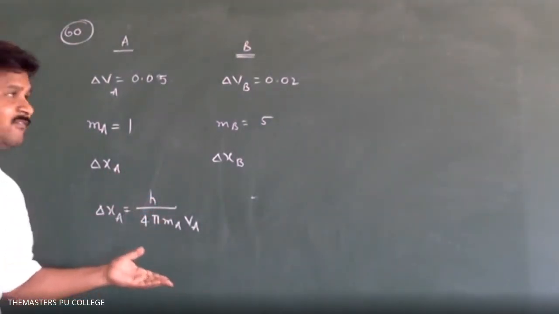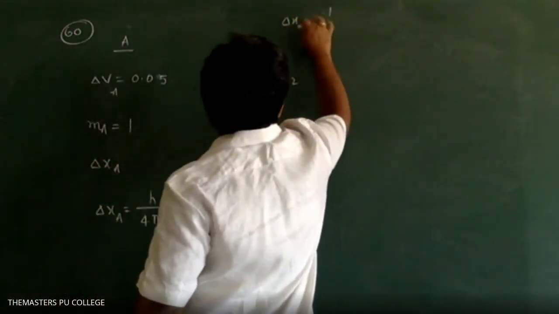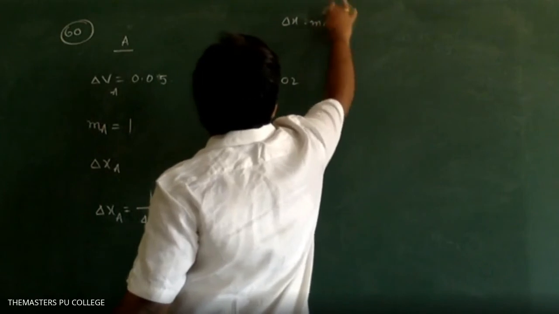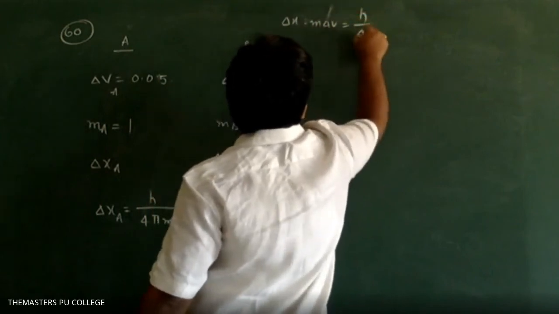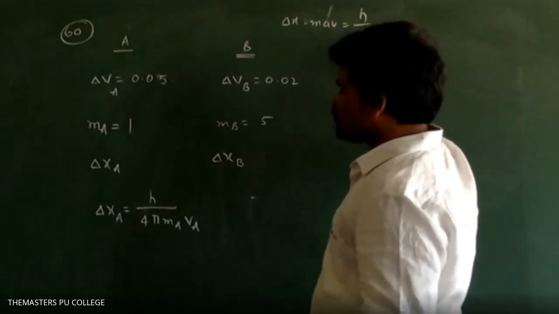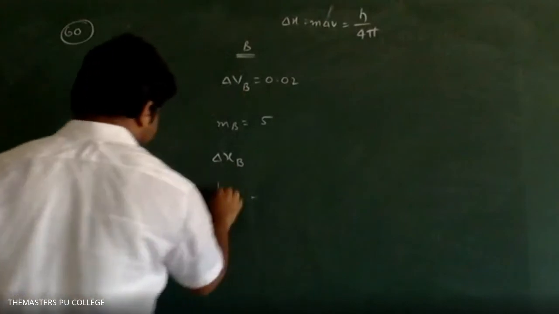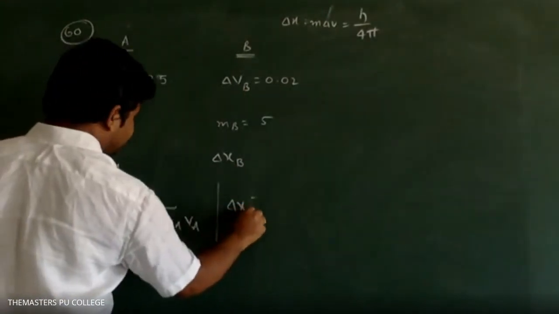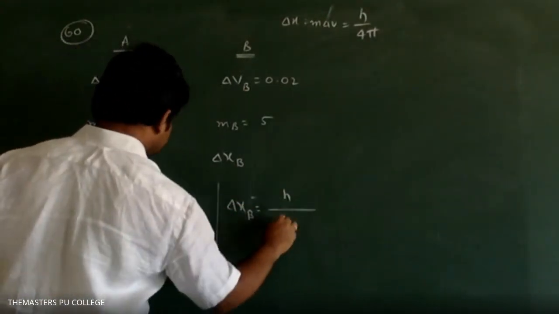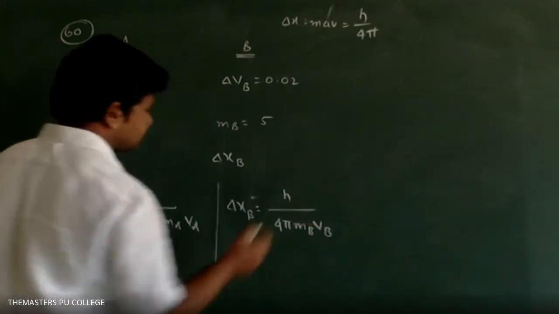The actual formula is delta X into delta P, that is M delta V, is equal to H by 4 pi. You gave these two values, so I changed it like this. Next, delta XB is equal to H by 4 pi MB VB.